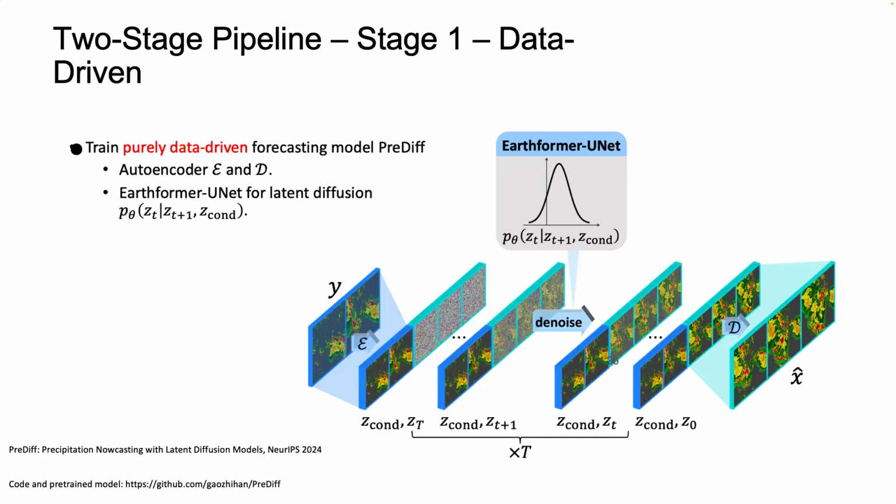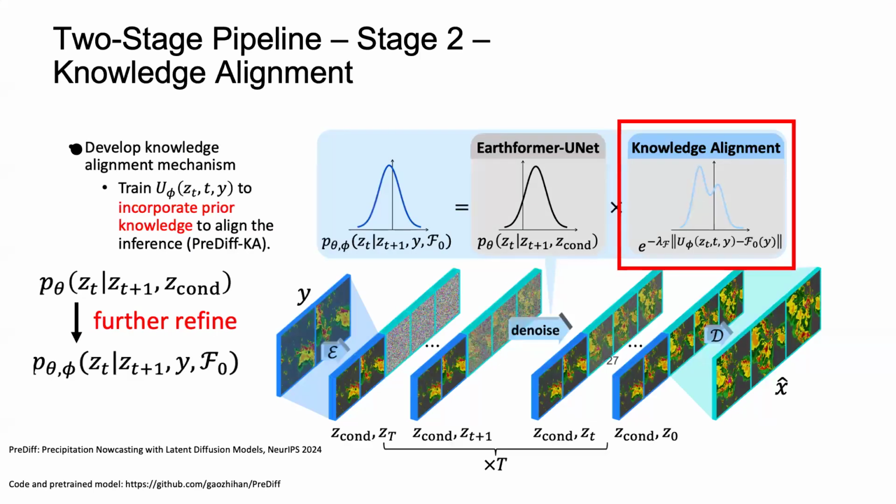For the first step, it's a pure data-driven task. We do it in a supervised way where we have an encoder and decoder. The encoder and decoder is borrowed from our previous work called Earthformer UNet. And then we can do data-driven forecasting. The second step is we try to align it further with the knowledge itself. Although it's not a hard constraint, it's a soft constraint.